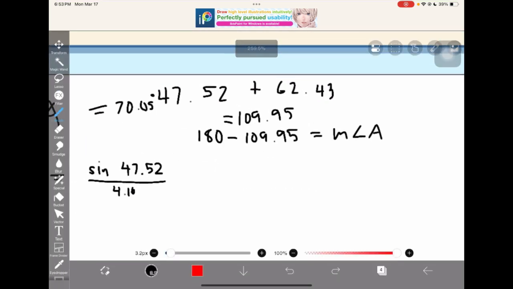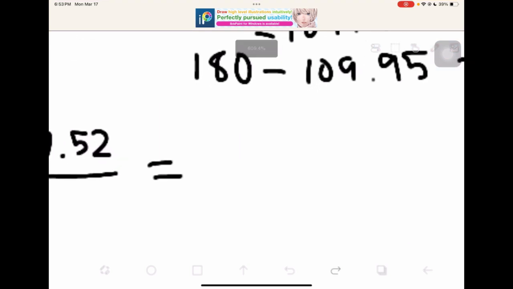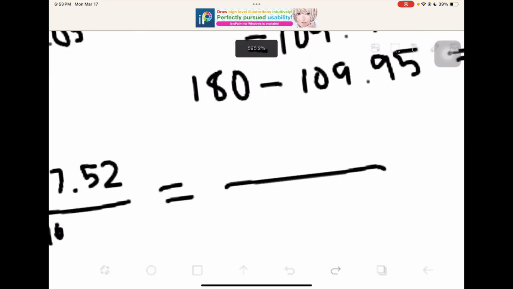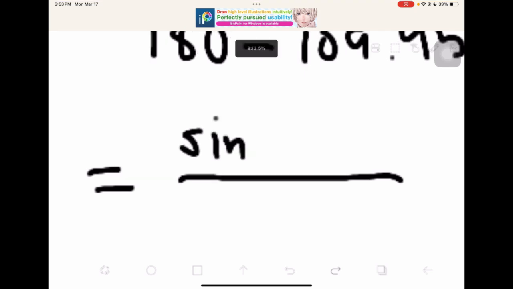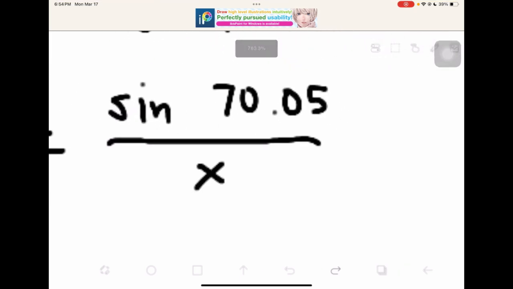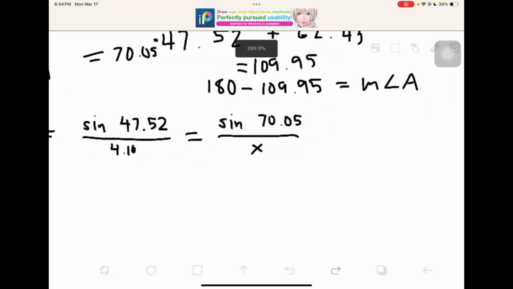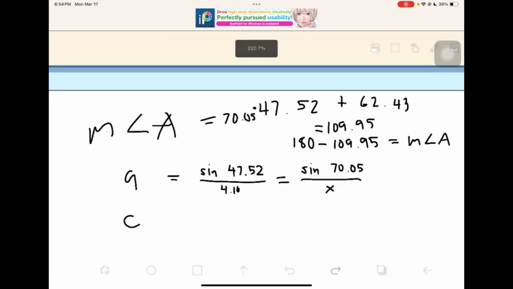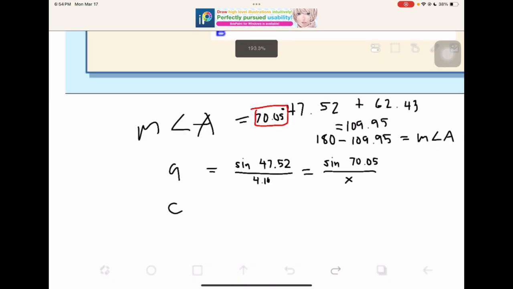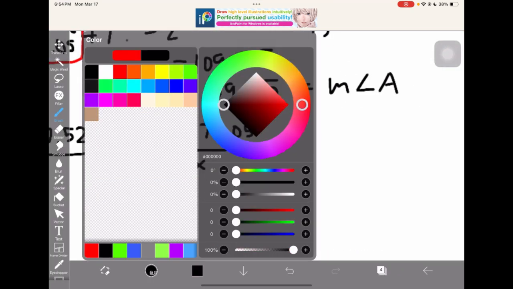Similarly, to make our equation, we do the same thing for angle A. We do know that angle A is sine of 70.05, but we do not know what the side length is. In order to find out the answer, let me just box this real quick. We need to cross multiply.